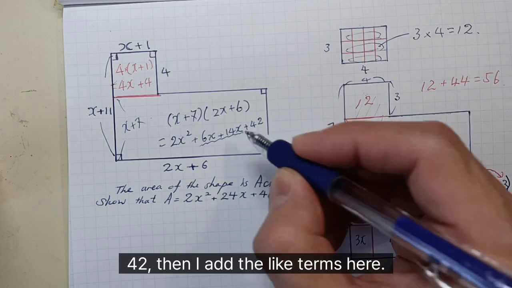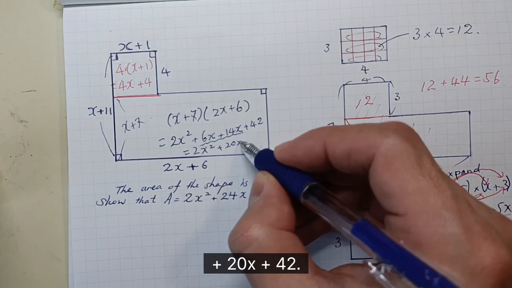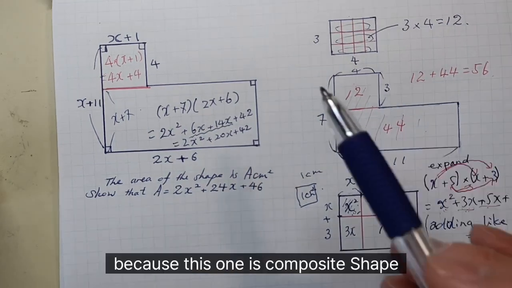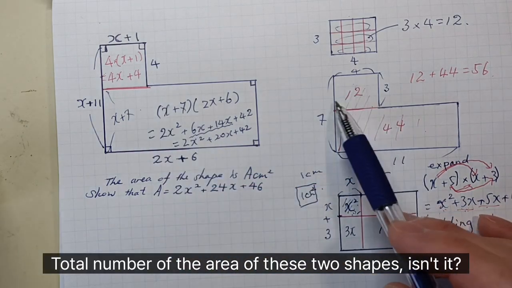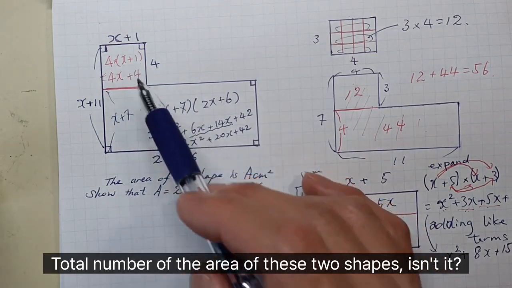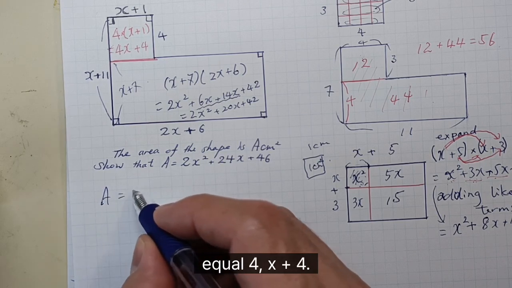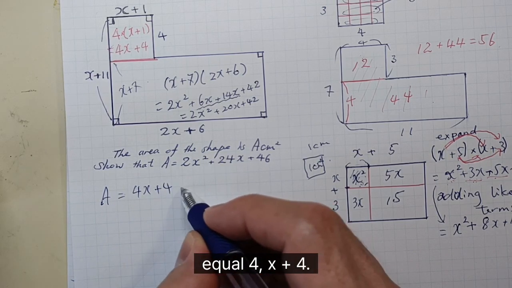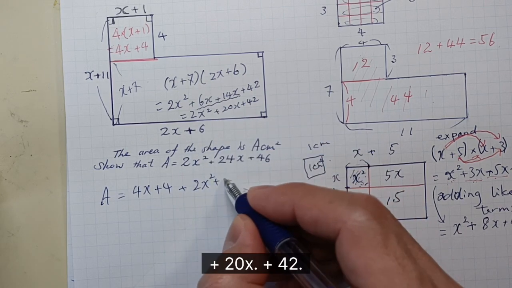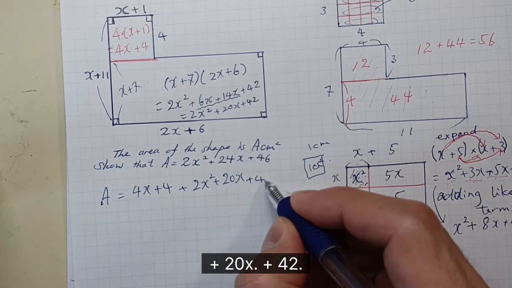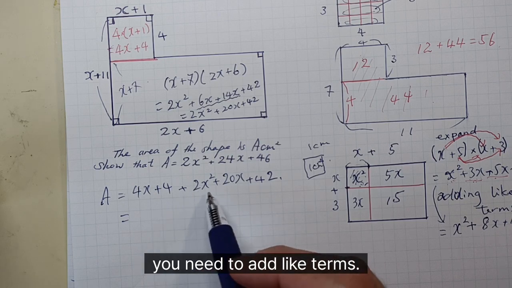Then I add the like terms here: 2x squared plus 20x plus 42. Because this one is a composite shape, the total area is the sum of the areas of these two shapes, isn't it? So area equals 4x plus 4 plus 2x squared plus 20x plus 42. Then now you need to add like terms.